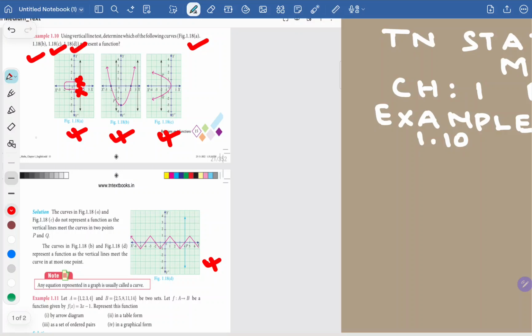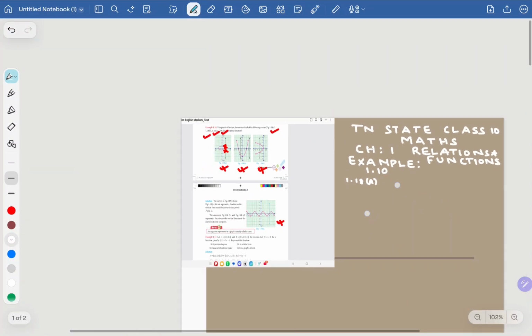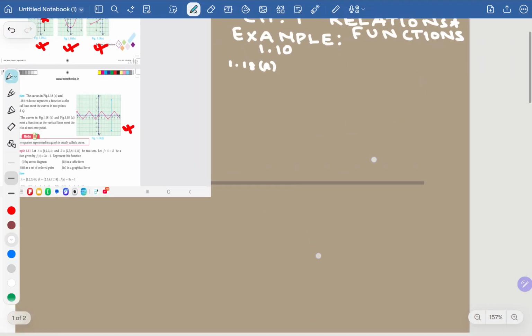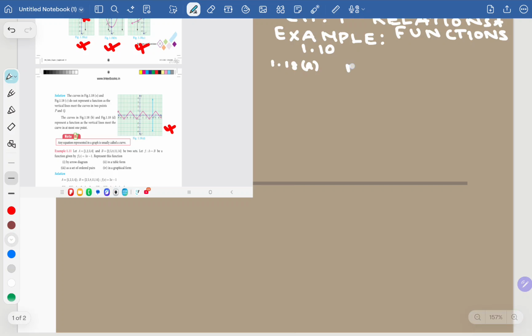Therefore, the first graph is not a function.